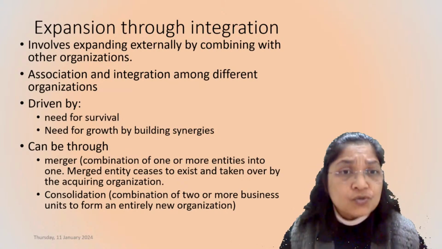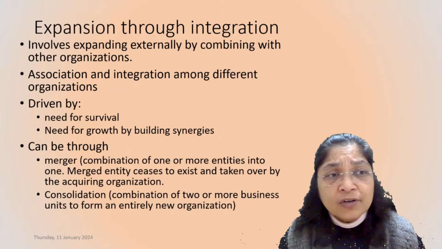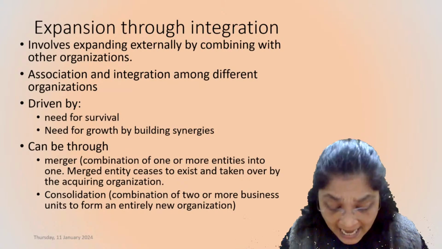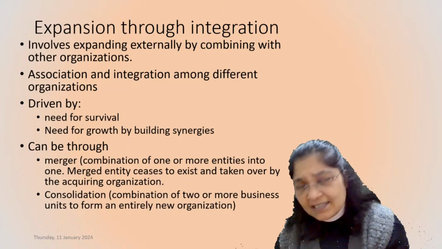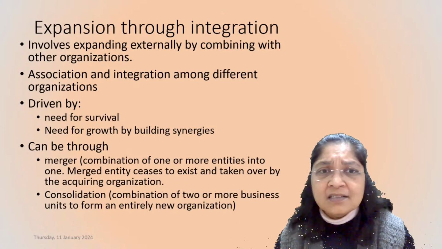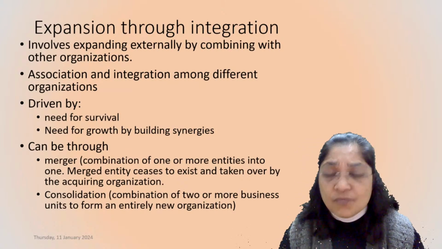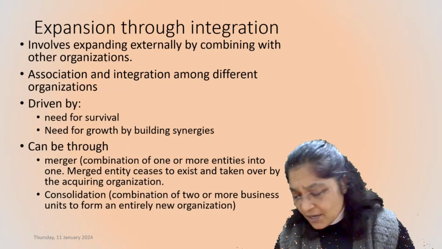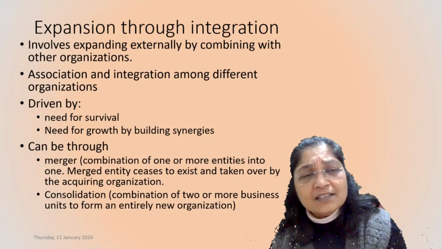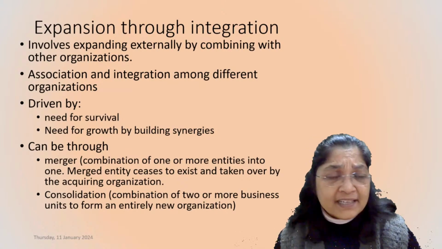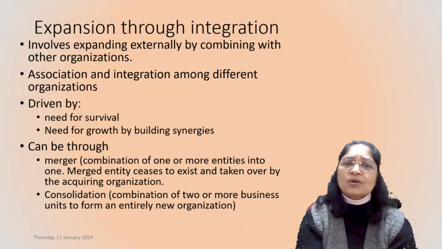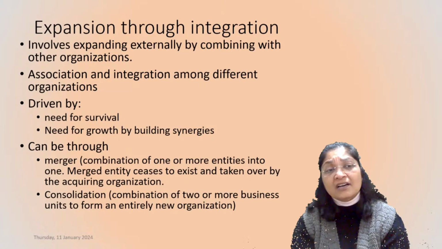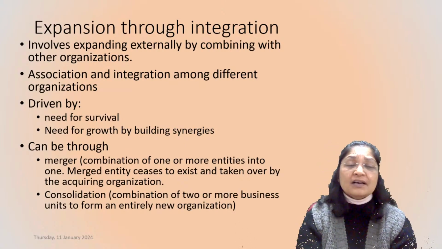So B decides to get involved with A, that is in the supply of raw material to its units, and it also decides that maybe C, the distributor network, is not able to manage the product distribution in the right way. So the main company, B, will try to take over C, that is manage its own distributorship. So it is basically association and integration amongst different organizations based on the kind of products and services these organizations are manufacturing and providing.